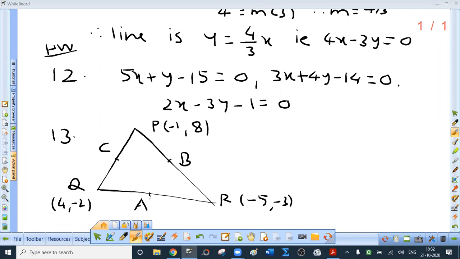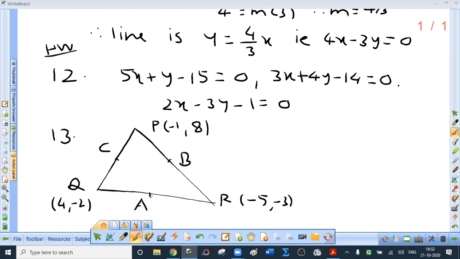Using the midpoint formula, get the coordinates of A, B, C. Now we are asked to find equations of perpendicular bisectors. So get the slope of QR. Suppose it is m. Then the slope of the perpendicular bisector will be -1/m, because the product of slopes of two perpendicular lines is -1.